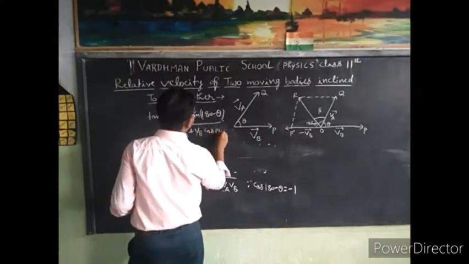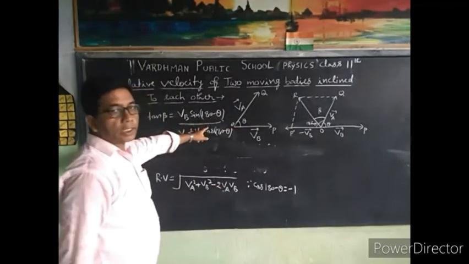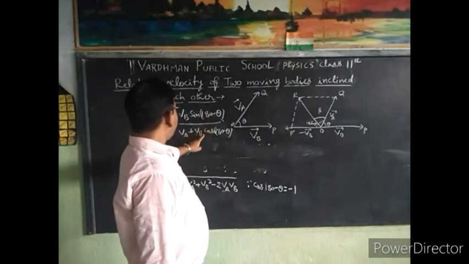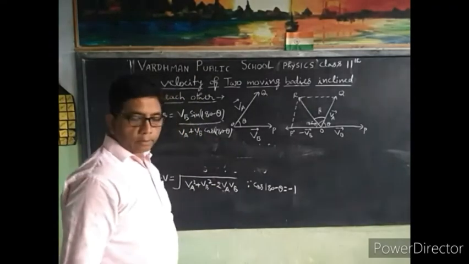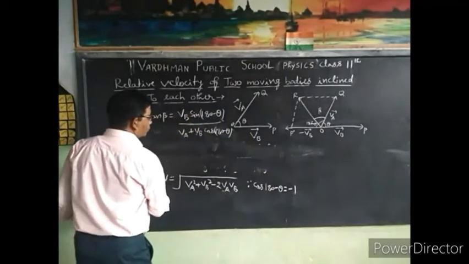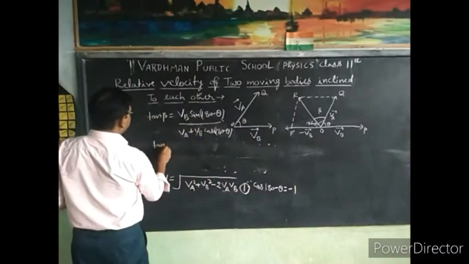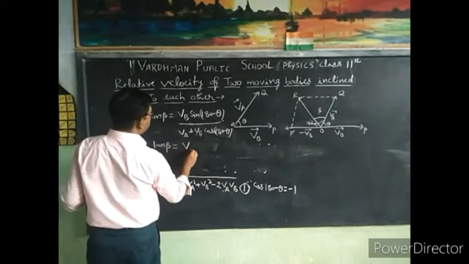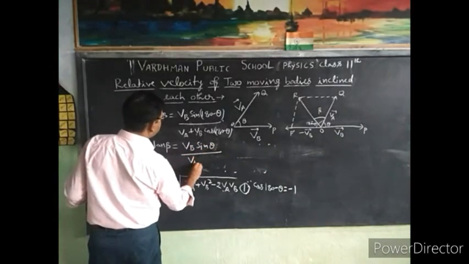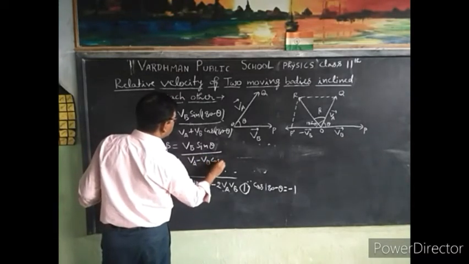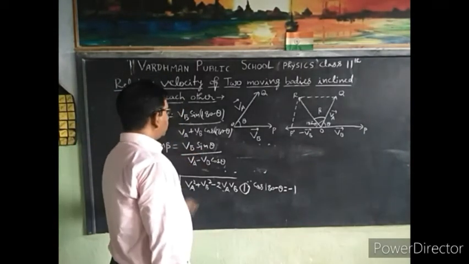Since sin (180 minus theta) is equal to sin theta and cos (180 minus theta) is equal to minus cos theta, therefore tan beta is equal to Vb sin theta upon Va minus Vb cos theta.